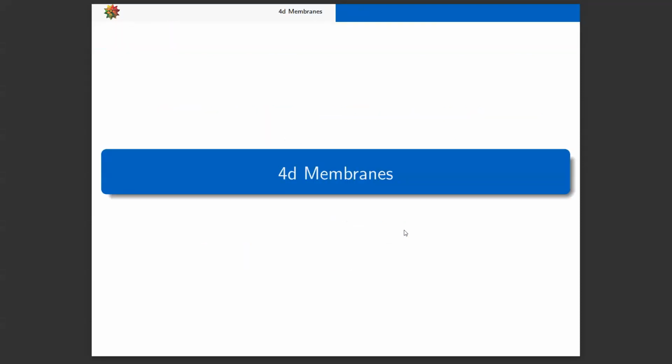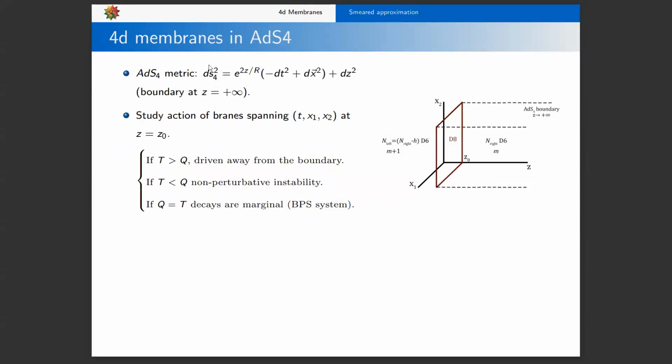On top of this setup, we introduce the membranes. We have an AdS4 metric which we write in terms of Poincaré coordinates. Importantly, we use a coordinate z to describe the distance with respect to the boundary, and we put our branes in a very specific position.